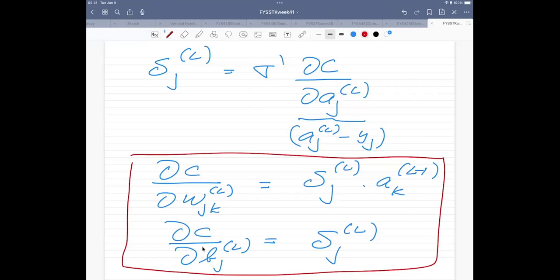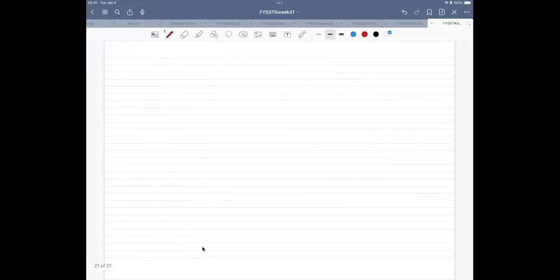So that means that we could now simply call our gradient descent code because we have the expressions for the gradients. So what we would do then is simply to set up the following expression.